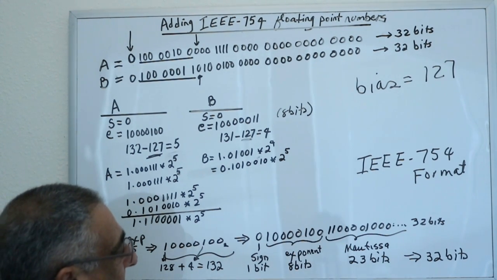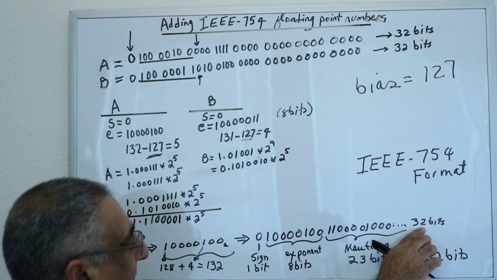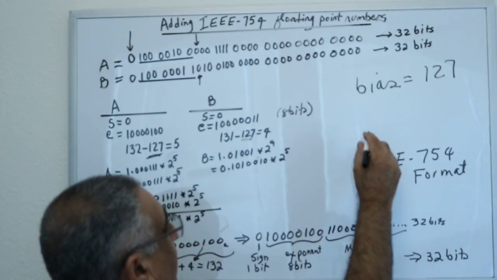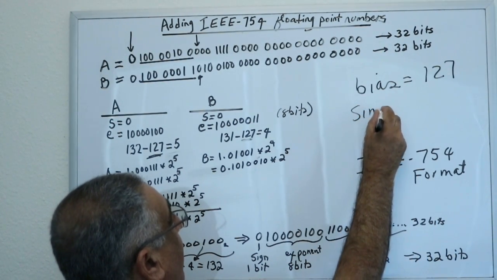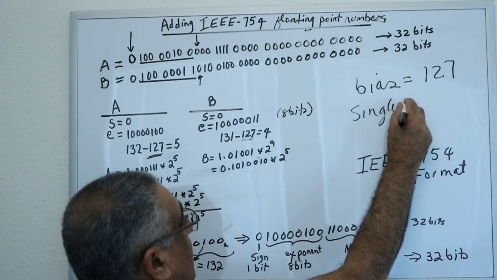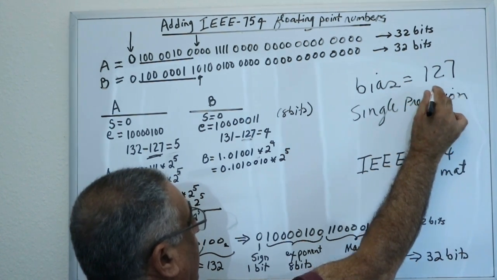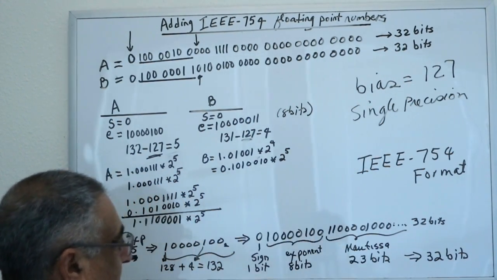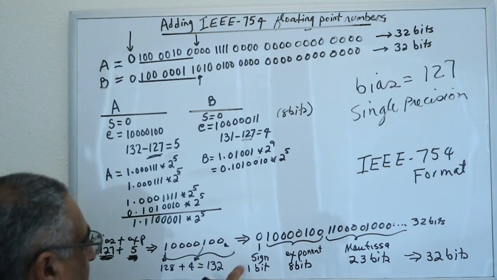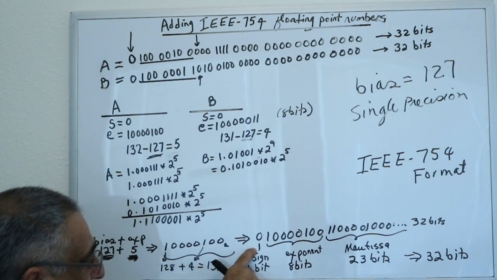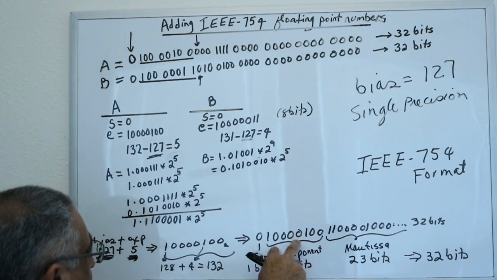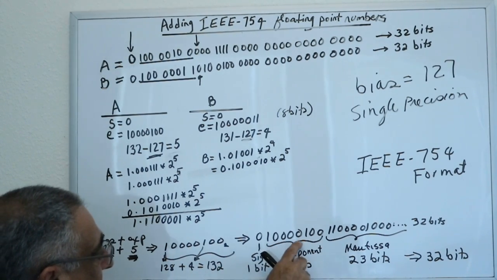So basically, I'm going to put this in an IEEE 754 format as single precision, which is 32 bits. So the sign bit is 0. This is the exponent.